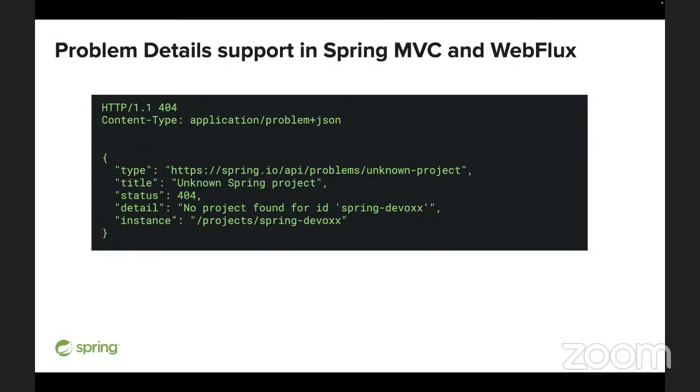The status code, the instance, which is the same as what we had in Spring Boot, telling you where that problem comes from. And then you have the detail, which is different from the title in that it provides more information. It might provide, for instance, the attribute that led to the issue.